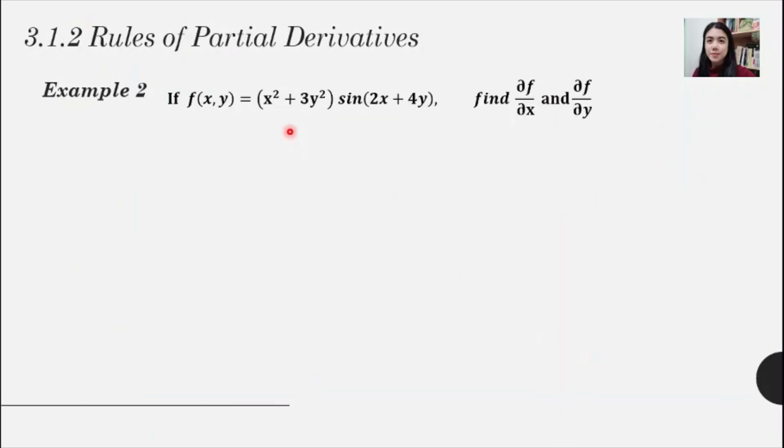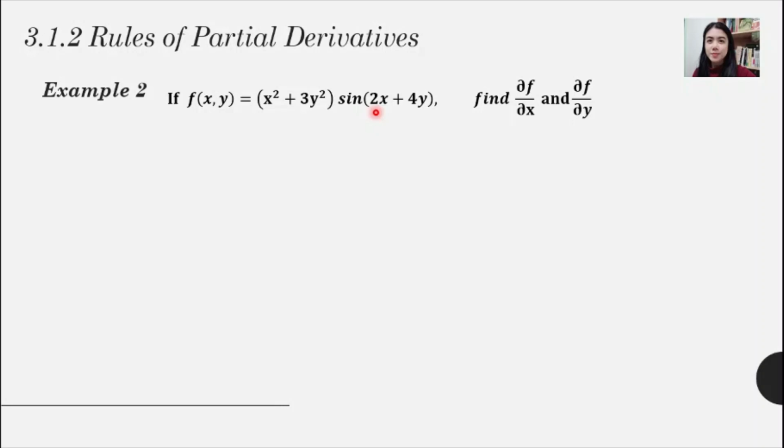And for example 2, you have to find del f del x and del f del y. So let's just look at del f del x first. For del f del x, it means that they want you to differentiate with respect to x. Let's look at the function that we have here. For this bracket, we have x here.